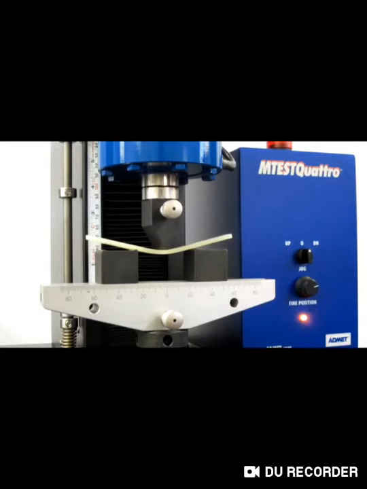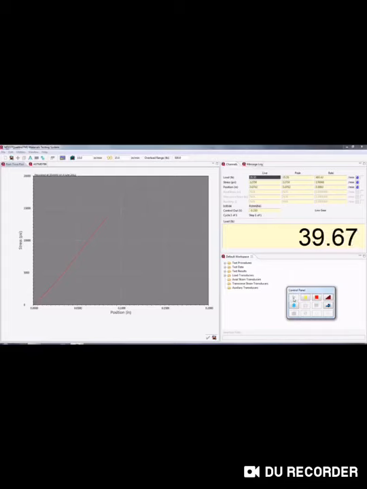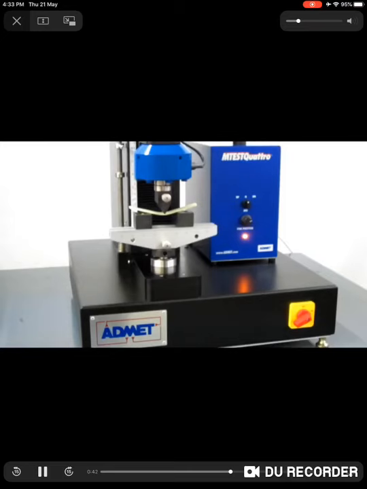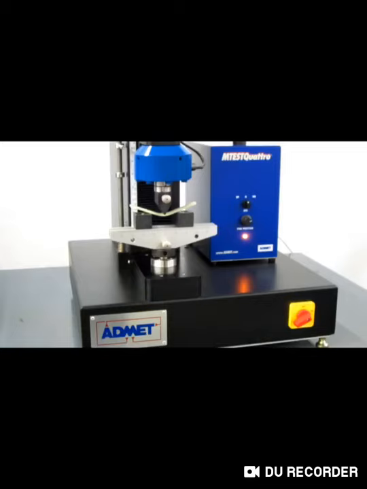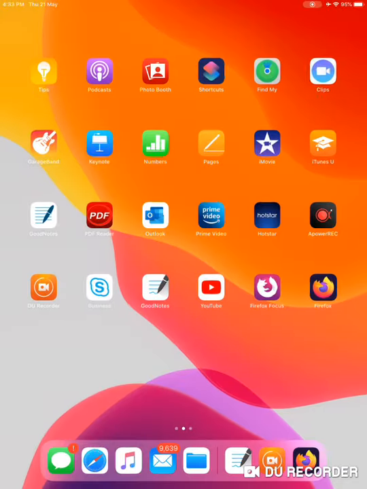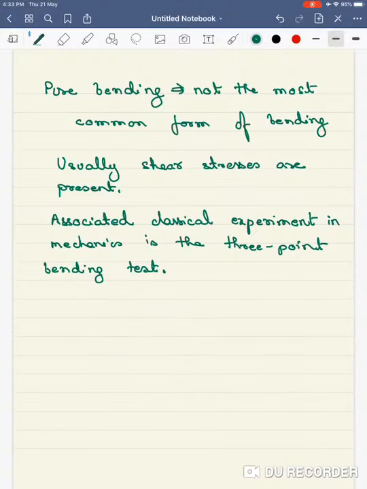So you can see the beam bending, and this is the associated software which is looking at the stress and the position plot. And this keeps on going till it fails. Okay, so the only thing I wanted to do here is to show you that this is a classical experiment which is used to calculate the flexural rigidity of beams.